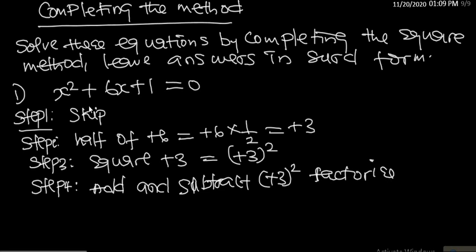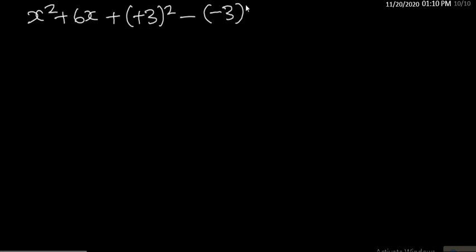So remember, we are completing the square of this particular expression, so the equation x squared plus 6x plus 1 equals 0 will become x squared plus 6x plus the square of the half minus the square of the half plus 1 equal to 0.